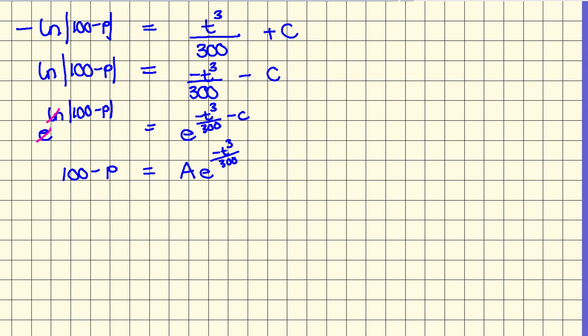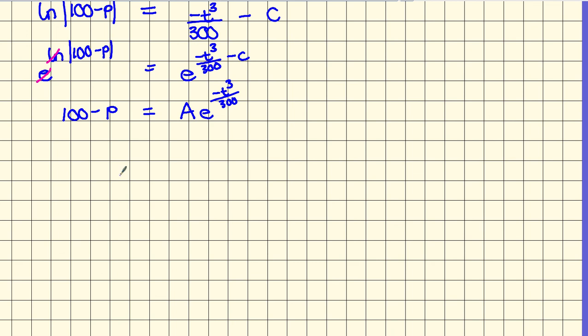Right, so let's do a little bit of rearranging. Let's get the letter p by itself. So let's start by, you probably do this in one line, I'm going to do it in 2 lines, subtracting 100 on both sides. And then to get p by itself, just multiply both sides by negative 1. Okay, so if you times that by negative 1, that'll be minus e blah blah blah.